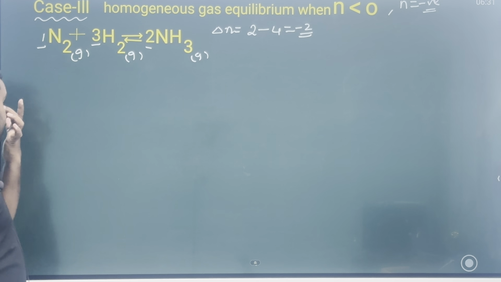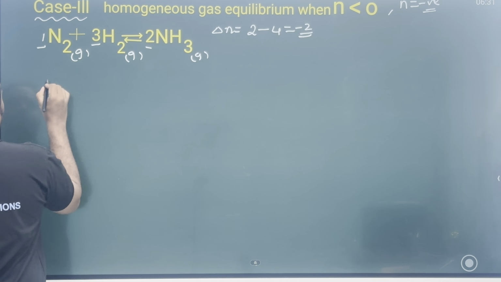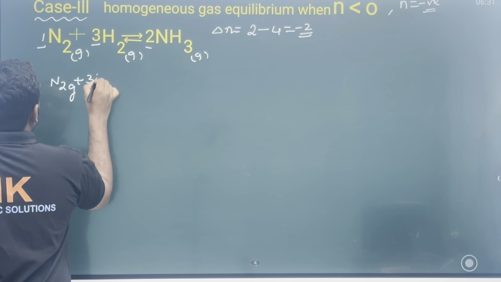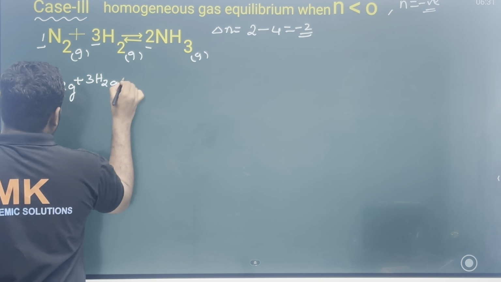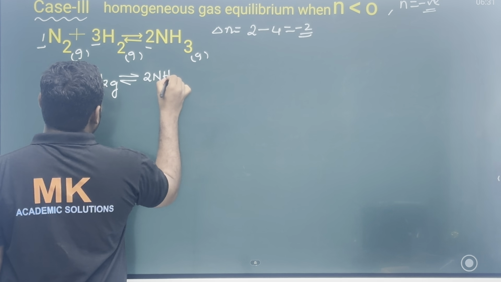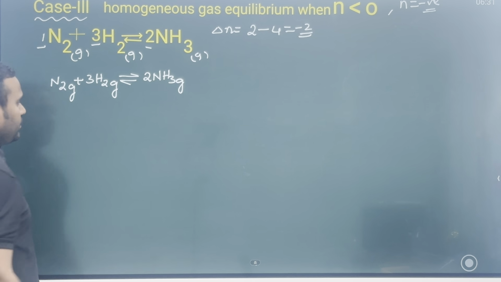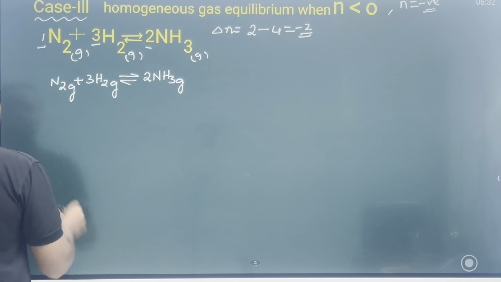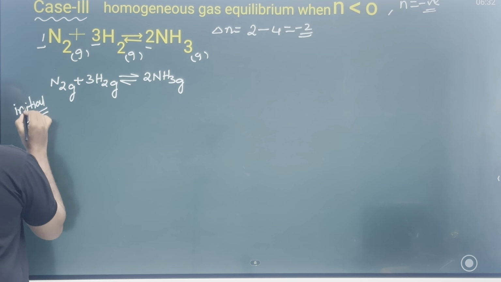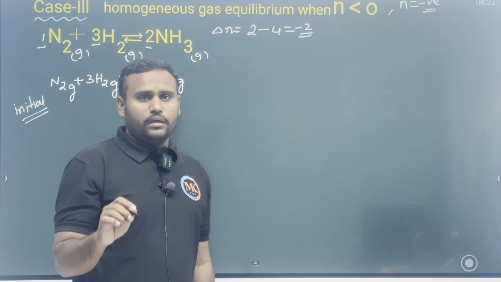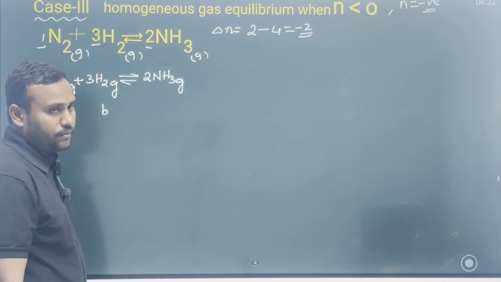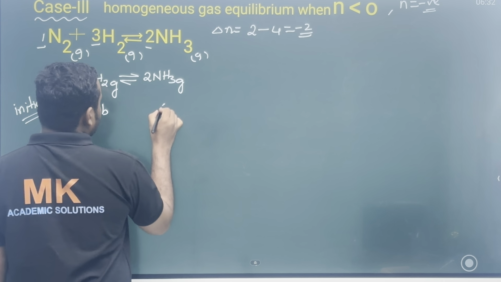Now let us calculate the Kc. First write the equation: N2 gas plus 3H2 gas gives rise to 2NH3 gas. This is the reaction. At initial condition, let us assume we start with only reactants, A and B, and the product is 0.